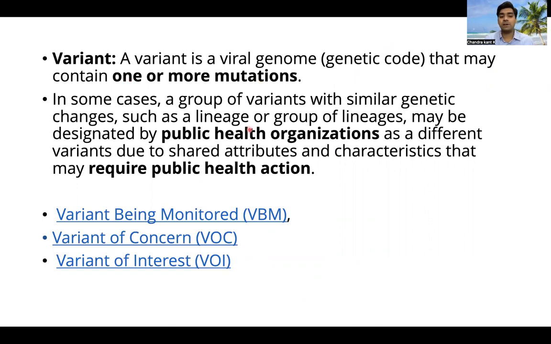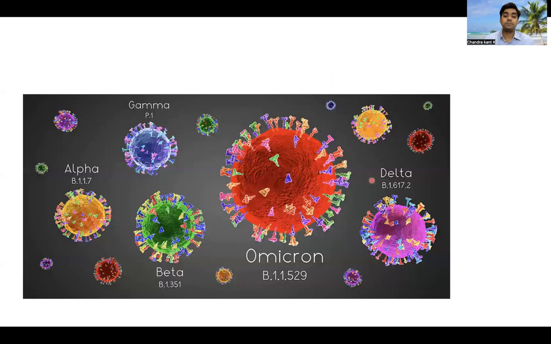Why are these important? Because variants cause a large population to be affected, with very severe and lethal disease requiring ventilators, and the number of deaths will be higher. So this is important for public health organizations like the World Health Organization, or WHO. You can see very different variants: alpha, beta, gamma, delta.